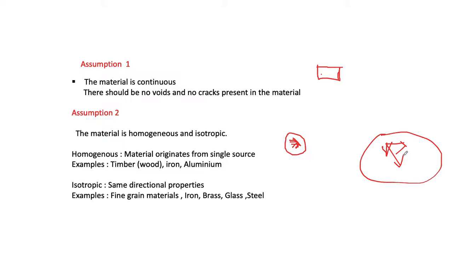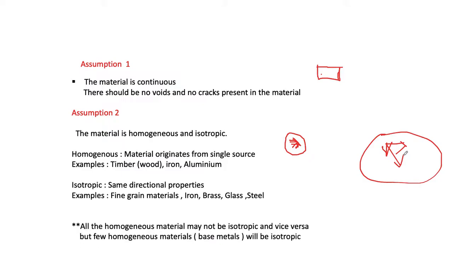That is iso; in Greek, iso means same. Examples are fine grade materials, iron, brass, glass, steel, etc. And we have one note.